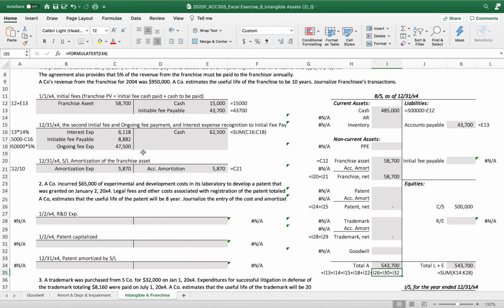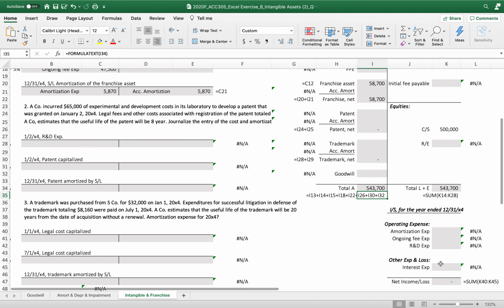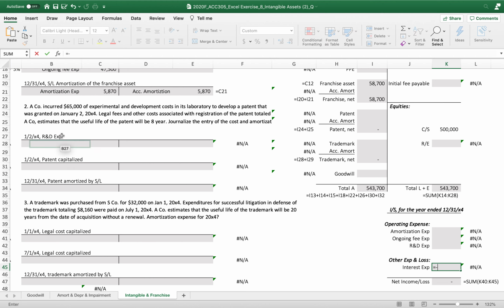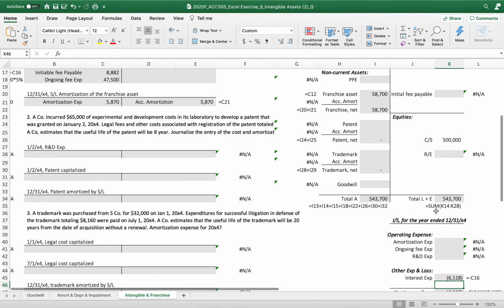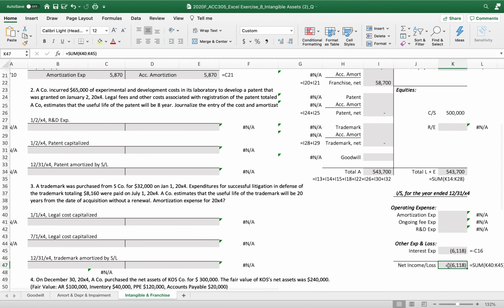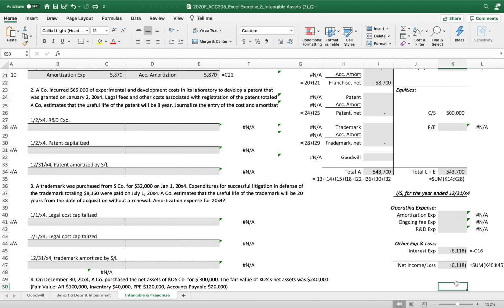And then the interest expense we should record in other expense and loss. The net income and loss, the total amount on the income statement for all the transactions, should be related to retained earnings.